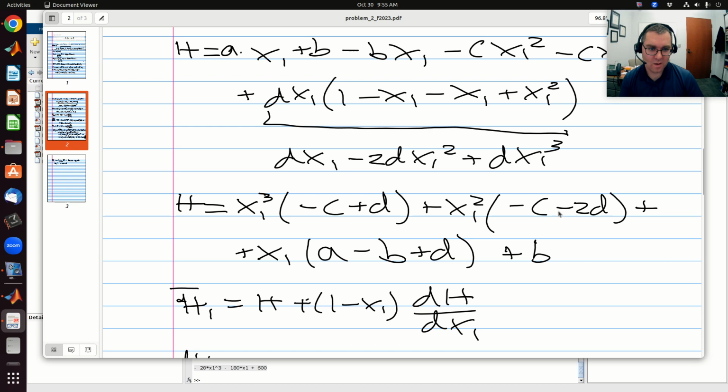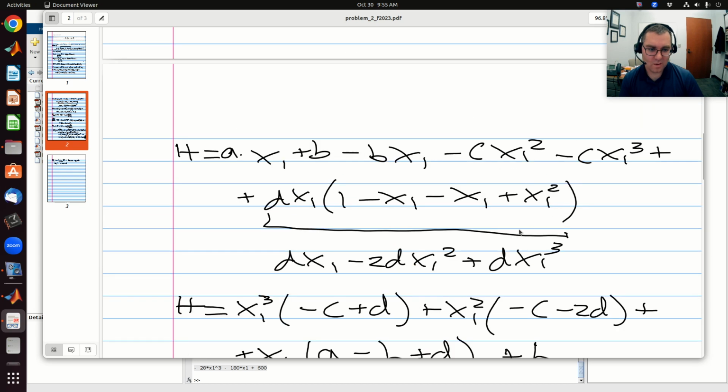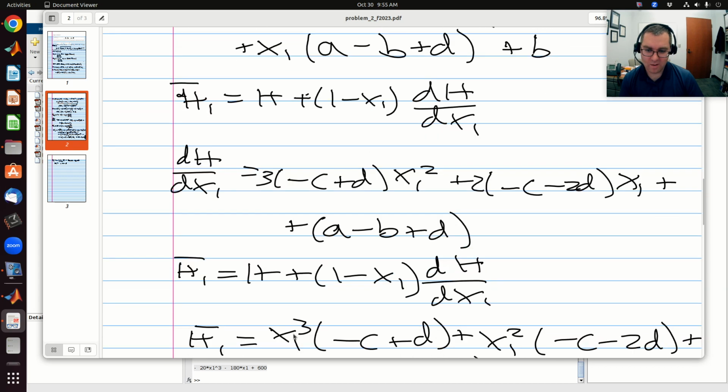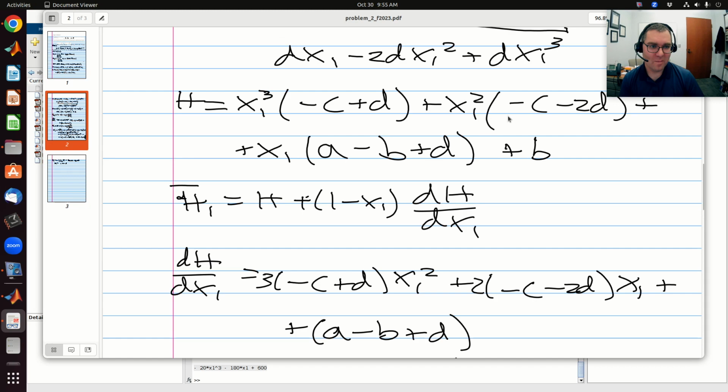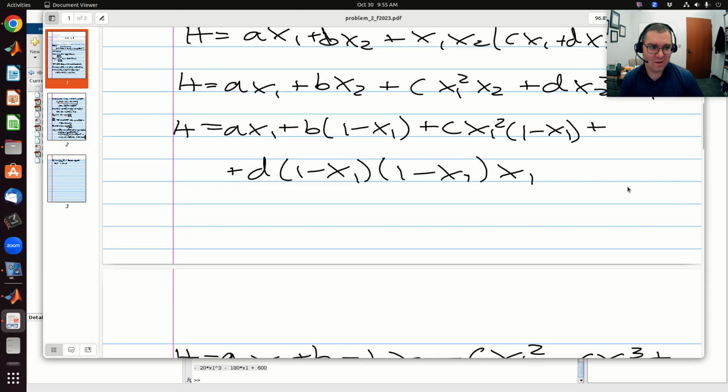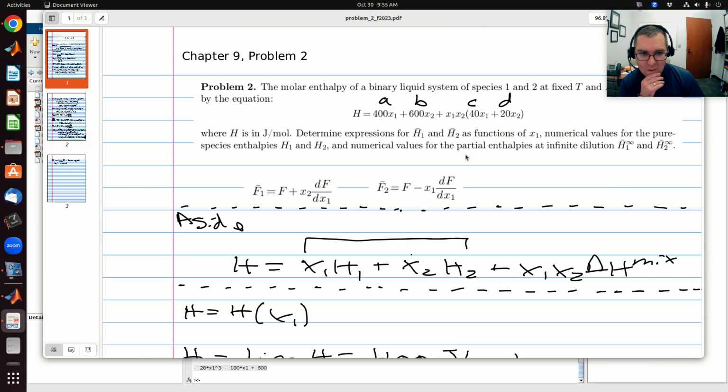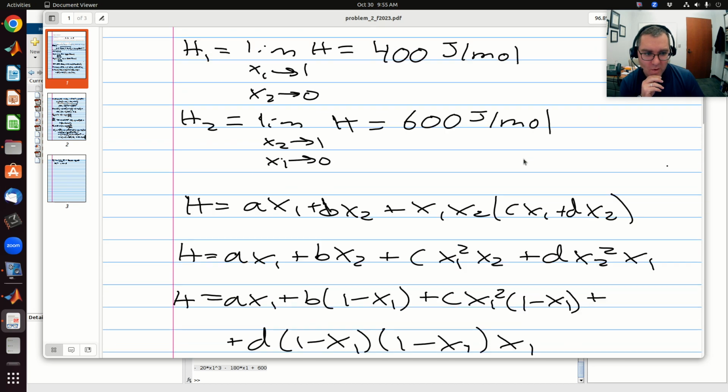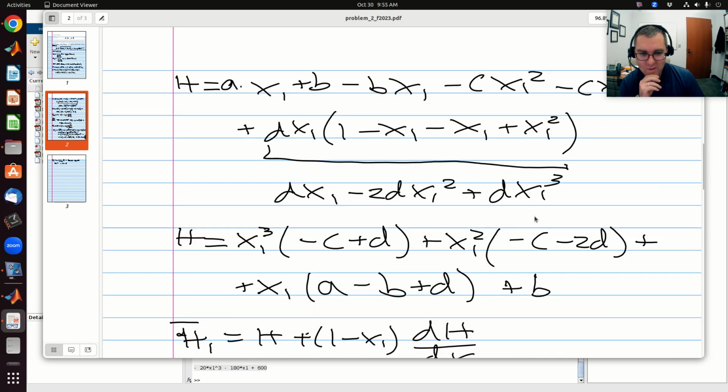Negative 2d minus c. It seems like maybe I have an error in my calculation, because is minus c minus 2d equal to 0? Minus c would be minus 40, and minus 2d would also be minus 40, but the sign of one of these is off.